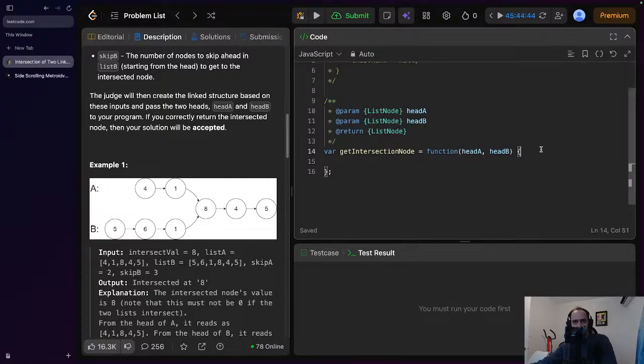I would like to see the solution, so I'll just do const map. While head A equals head A dot next, if head A dot val is in the map, return true.